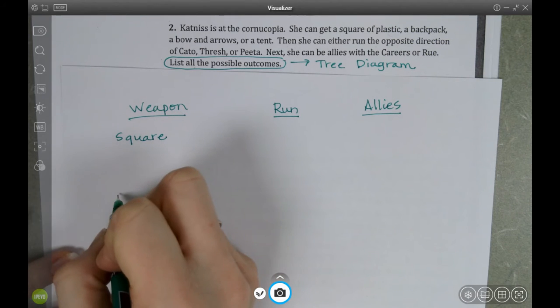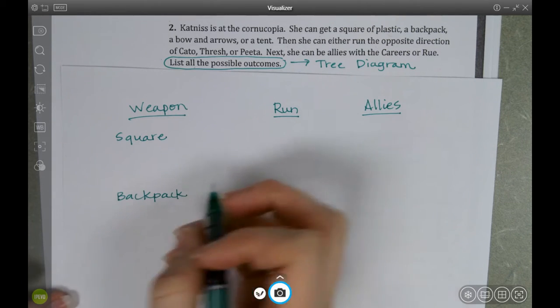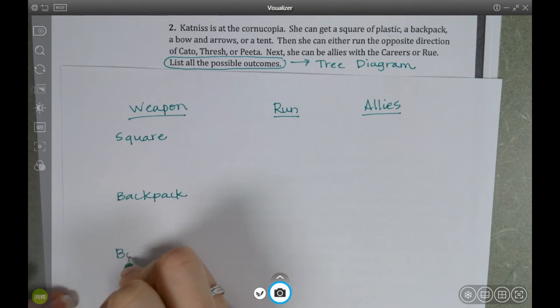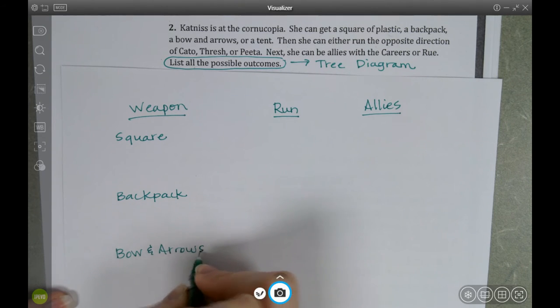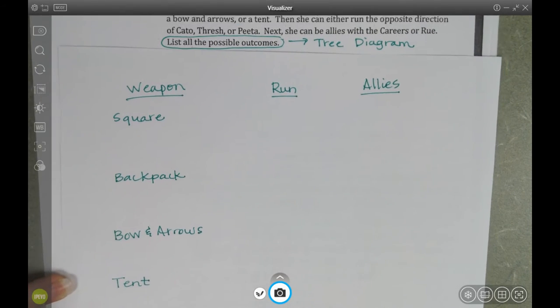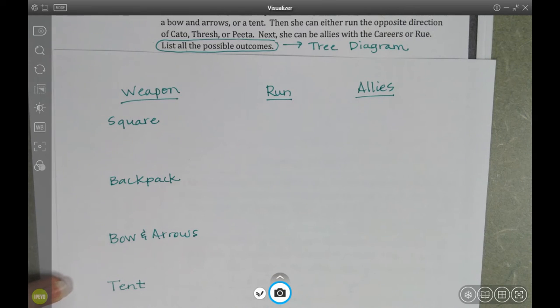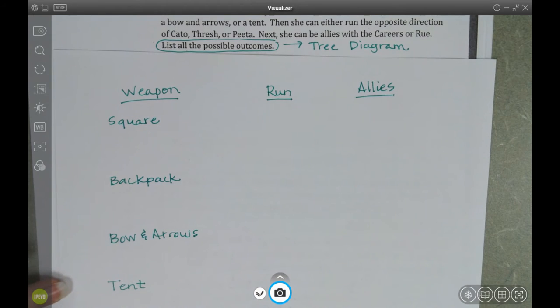She can have a backpack. With bow and arrows. Because it's all together. There's not a comma there, so we're going to let it be all together.